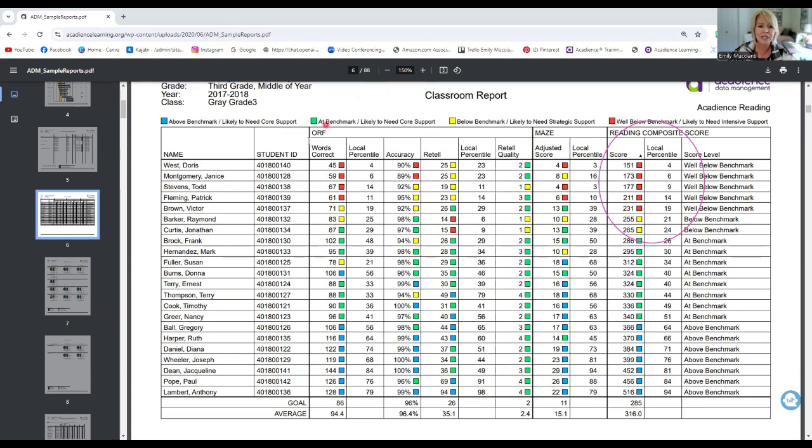So I'm looking then at these kids and I can see, okay, Doris, Janice, Todd, and Patrick clearly have a deficit in the oral reading fluency, but I always have to look at accuracy because remember that if students have a low accuracy number, if they are below benchmark or well below benchmark, more than likely they have a phonics need. So if I've got kids that are scoring 90%, 89% accurate, that's pretty low.